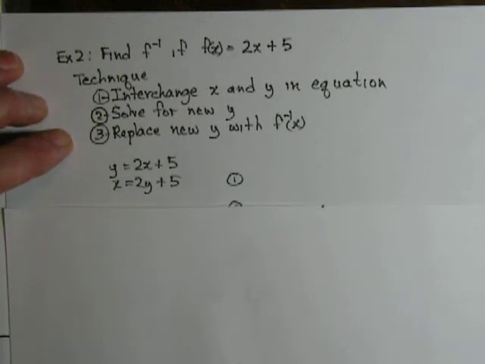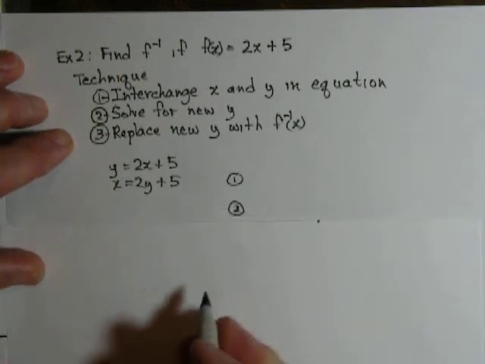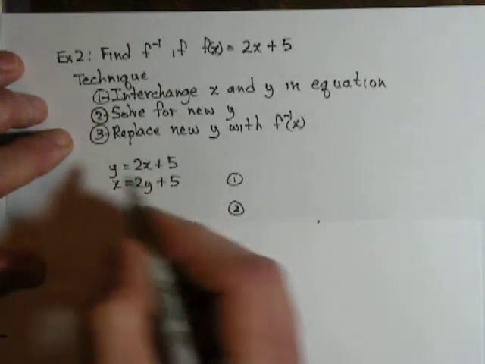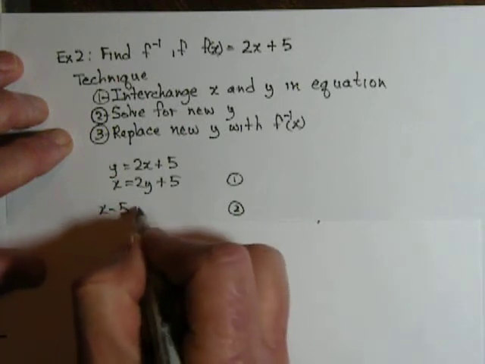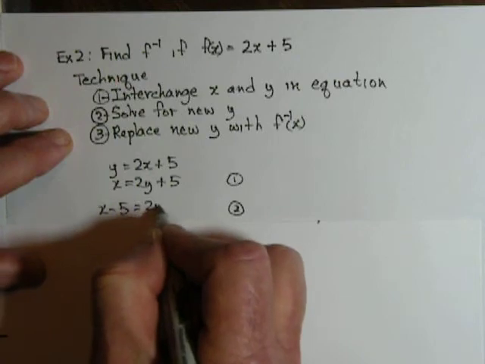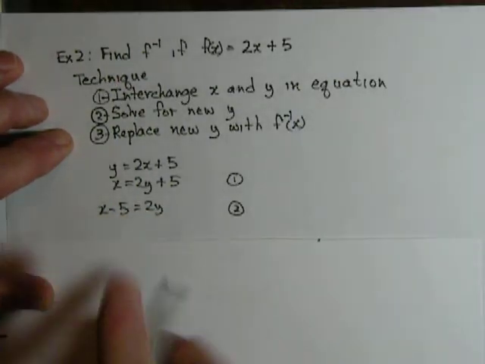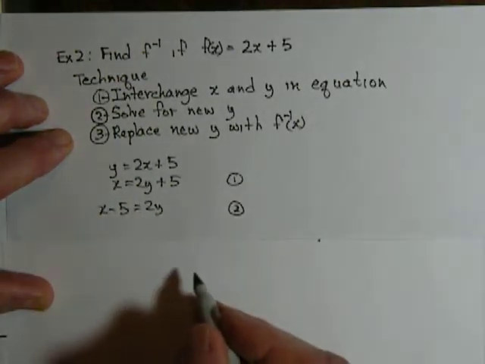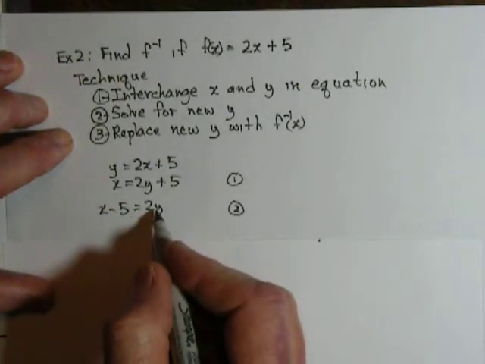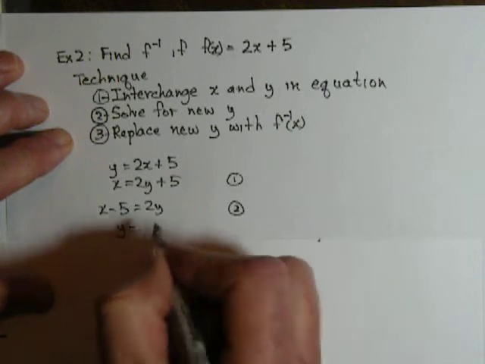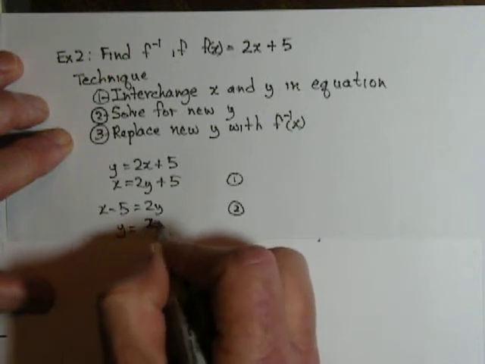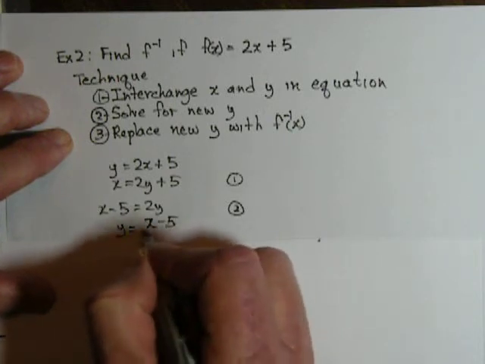And the way to do that in the correct order, of course, is I'm going to subtract the 5 from both sides. So I have x minus 5 equals 2y. And if you don't mind, I'm going to turn this around. And I'm going to divide both sides by 2 in order to get the y by itself. So I have y equals x minus 5 over 2.